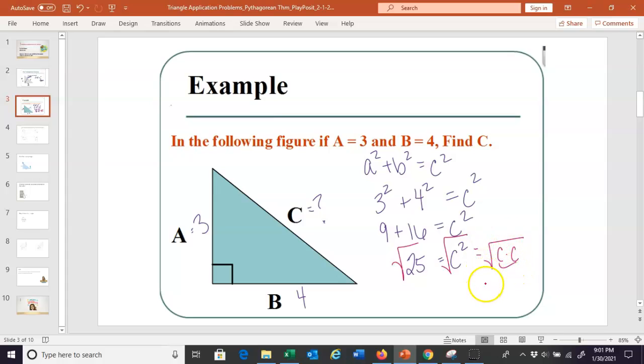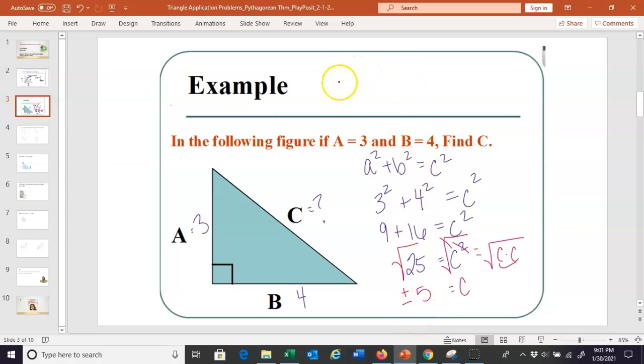It gets rid of the square root. So that's why these are inverses of each other. These will cancel out, and you'll just have C. And the square root of 25 is plus or minus 5.